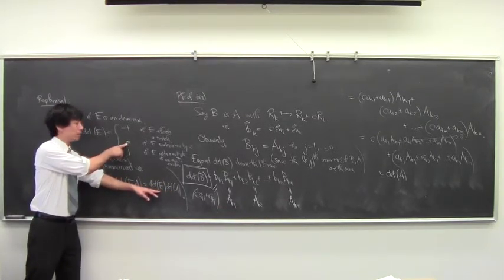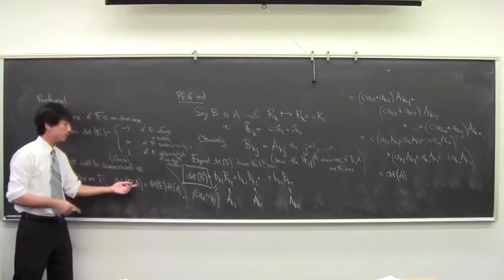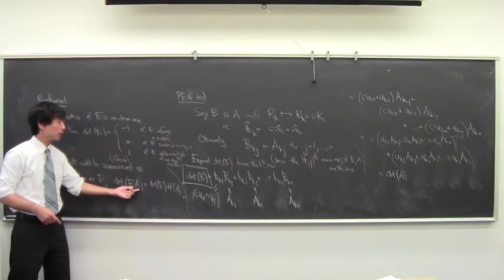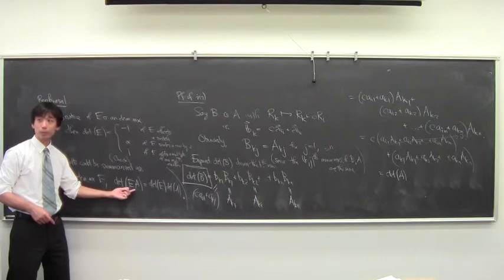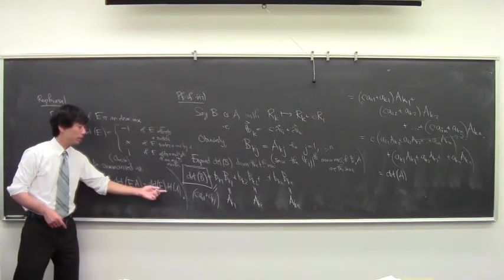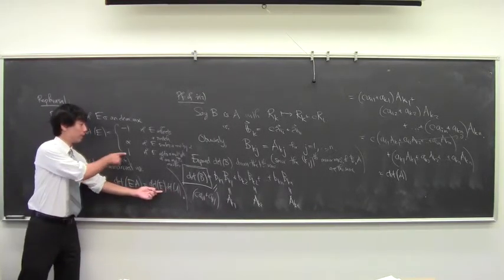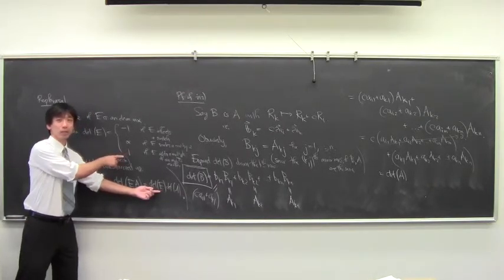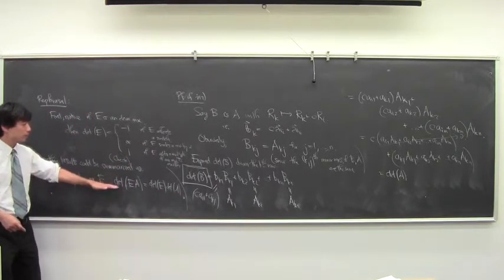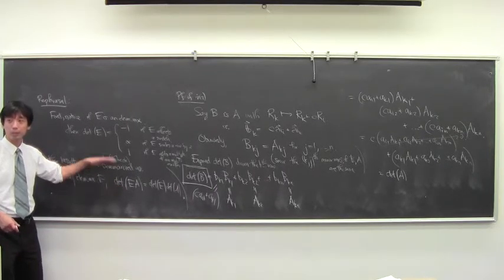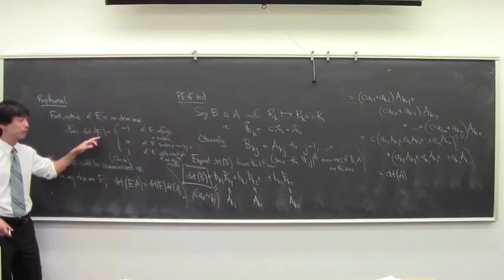And if you add a multiple of 1 row onto another, then the determinant gets multiplied by 1. The determinant doesn't change. So this statement encompasses the 3 things that we said.